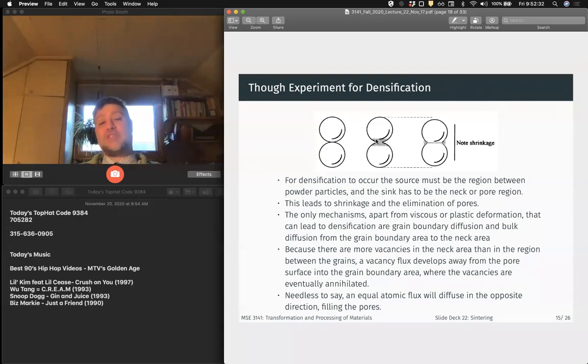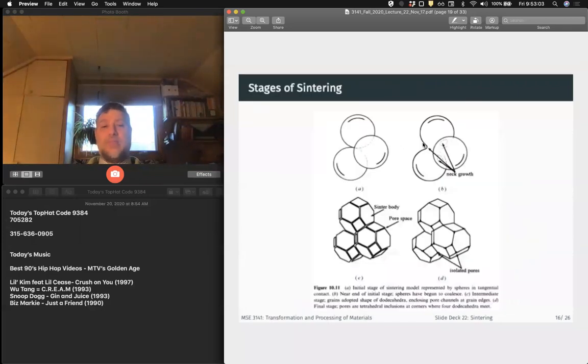And so I have net mass transport out of this middle region to the sides here, and my compact is going to shrink. Okay? And notice that this doesn't exist in isolation. These particles are all packed together, meaning that as I do this, I not only move these particles close together, I'm adding atoms into the pore space. Right? So that's my primary mechanism.